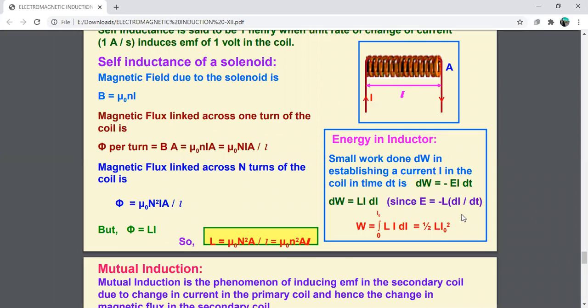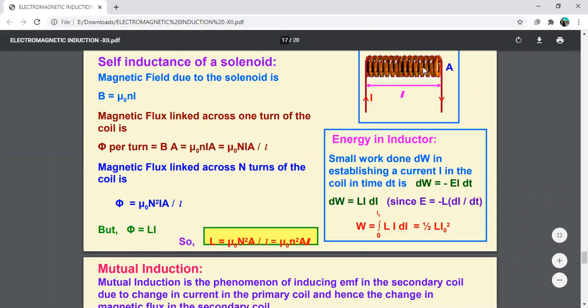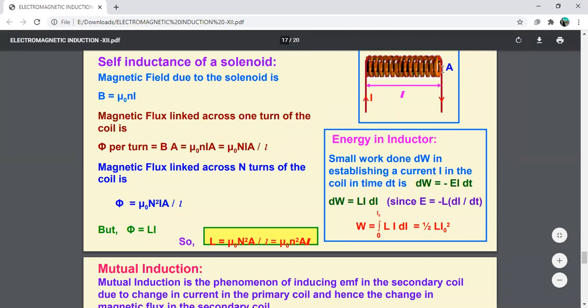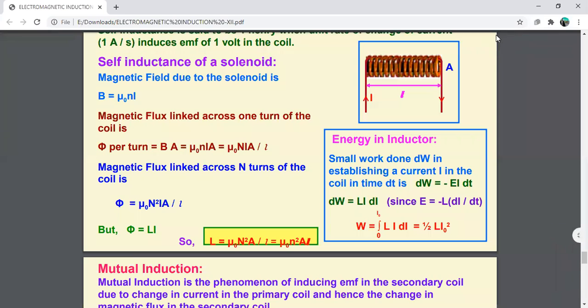This is the expression for energy stored in a solenoid or an inductor. As we have already discussed, whenever current is supplied to the solenoid, electrical energy gets transformed into magnetic energy and gets stored in the hollow space available inside the solenoid.